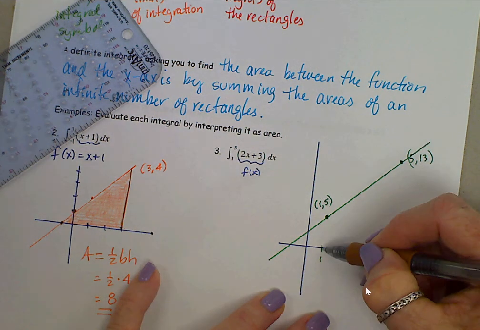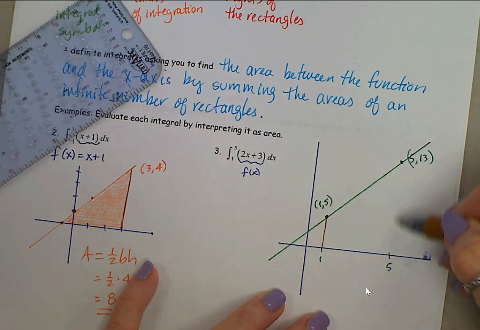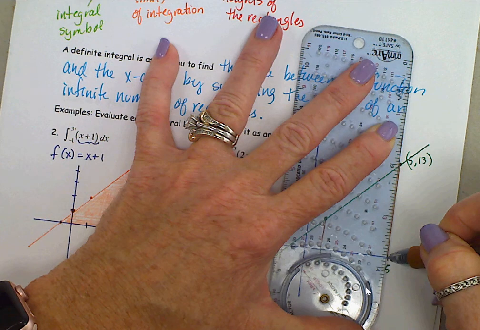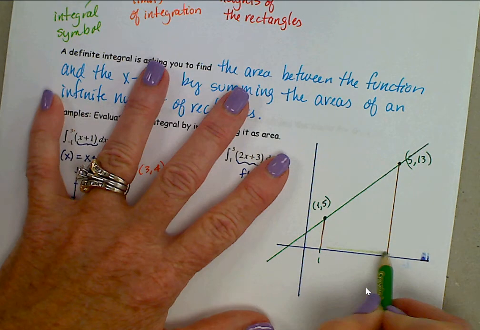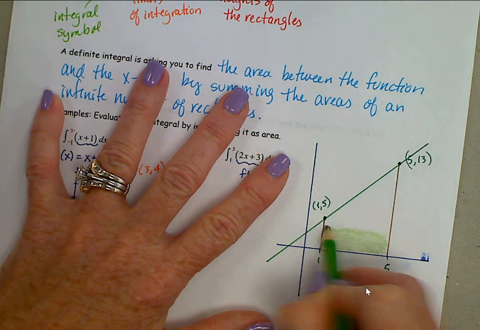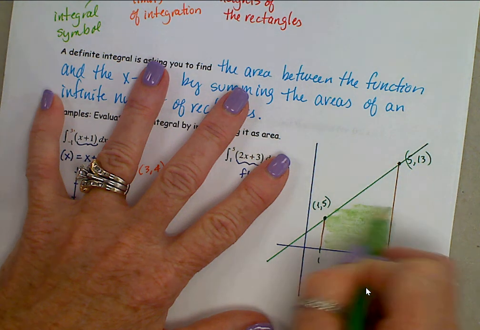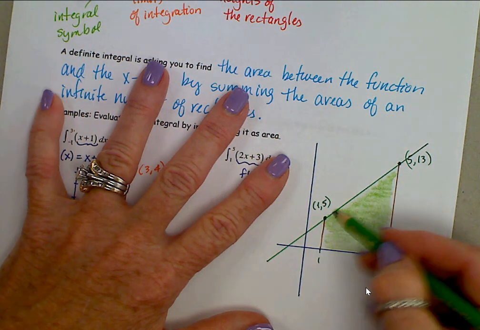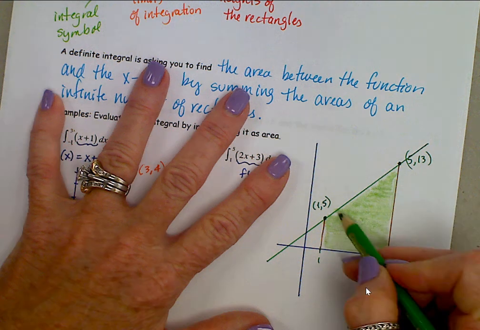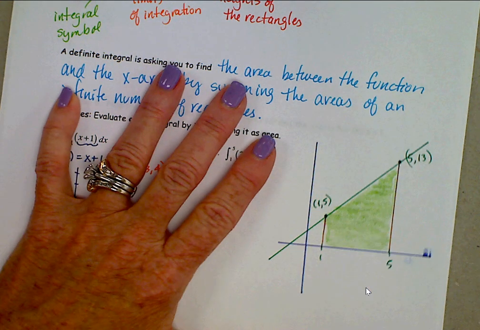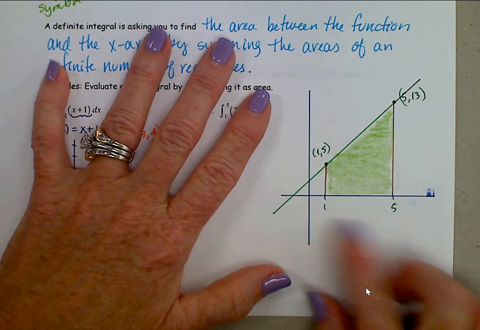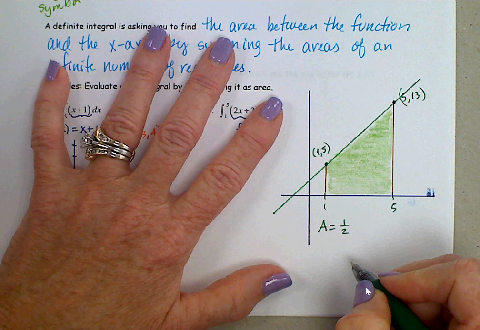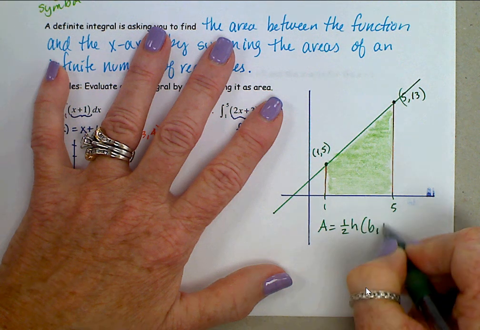Now we want to know the area between 1 and 5. We want this. Again, no reason here to draw rectangles because we have a shape that we recognize. This is a trapezoid, and the area of a trapezoid, you all remember, is 1/2 height times the sum of the bases.